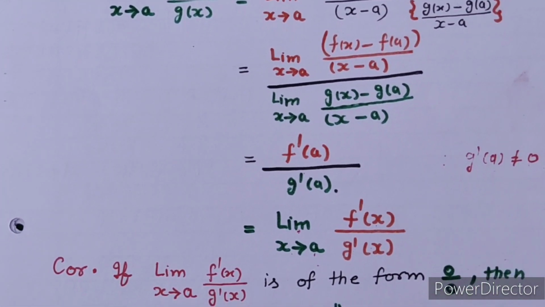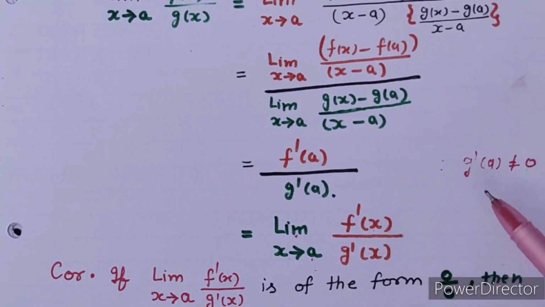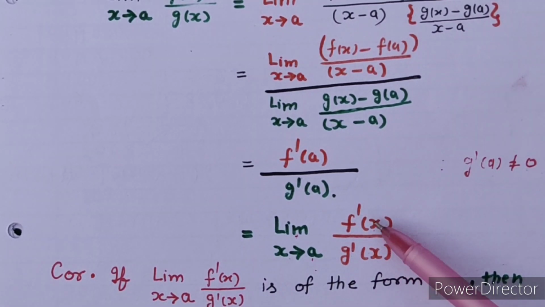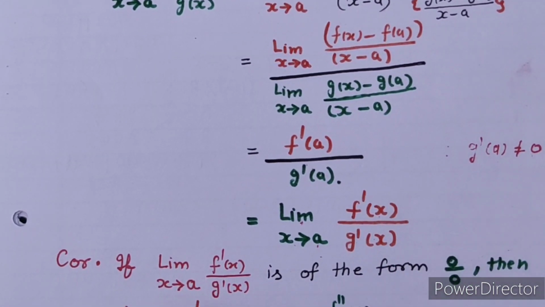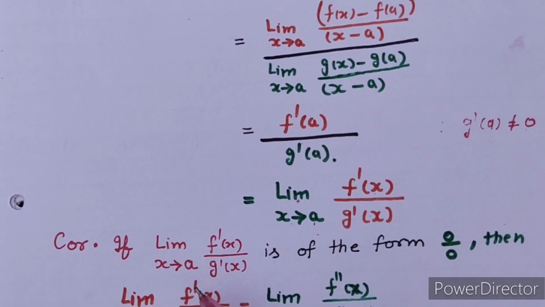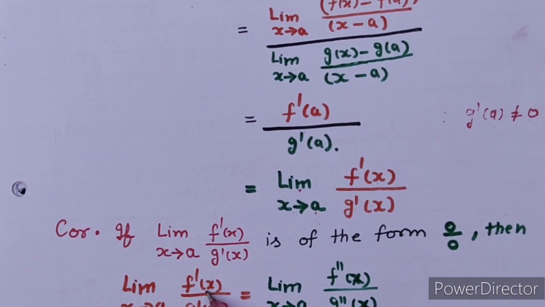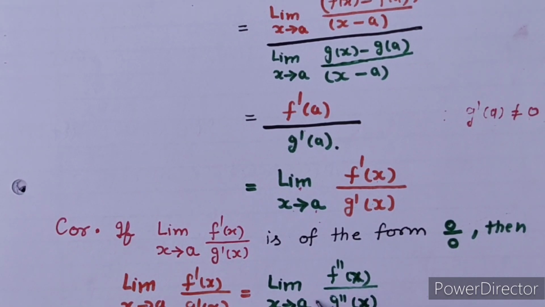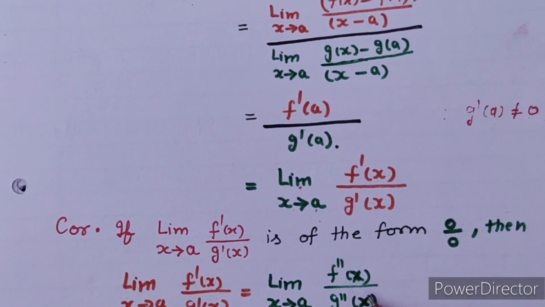Now if this g dash at a is not equal to 0; suppose this value is also again 0 by 0 form, in that case this limit expression is again equal to limit x tend to a. You will take the derivative of this numerator term and the derivative of this denominator term until this expression becomes not equal to 0.